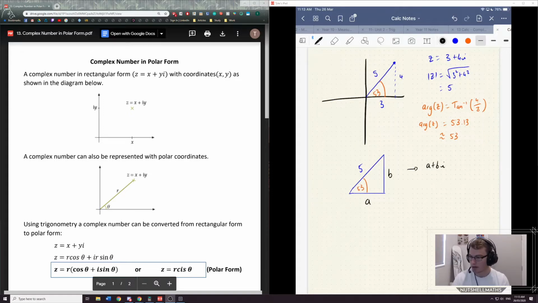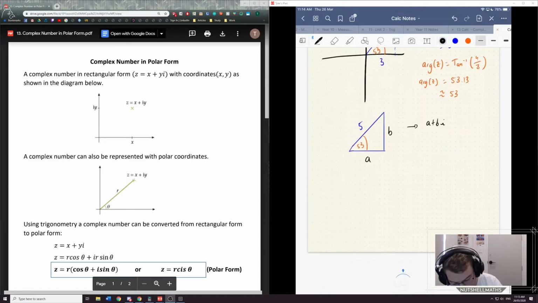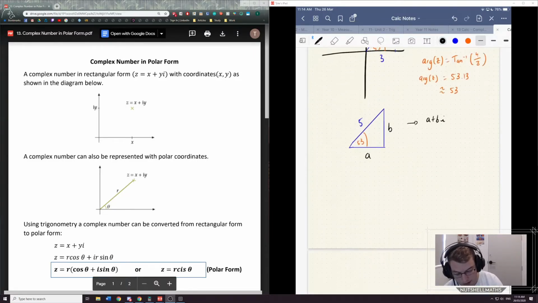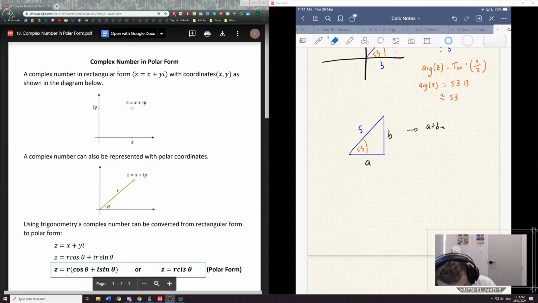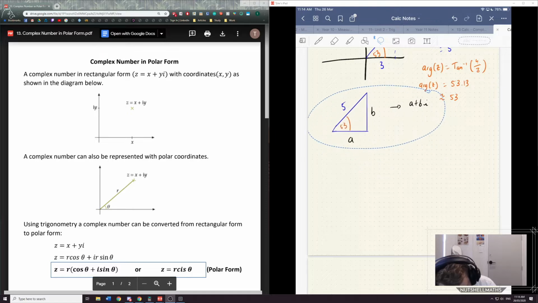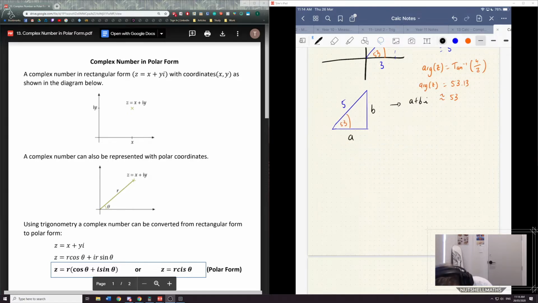How could we go about getting back towards A plus Bi? Let's just have a think, because normal trigonometry rules apply. I'm going to give myself a little bit more room. Right, let's have a look at A. A is going to be the adjacent and the hypotenuse, so we're going to use CAH.